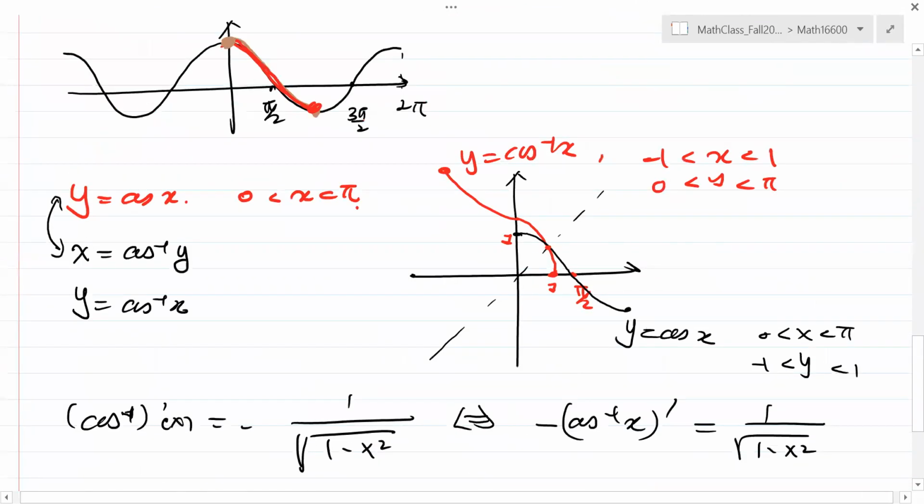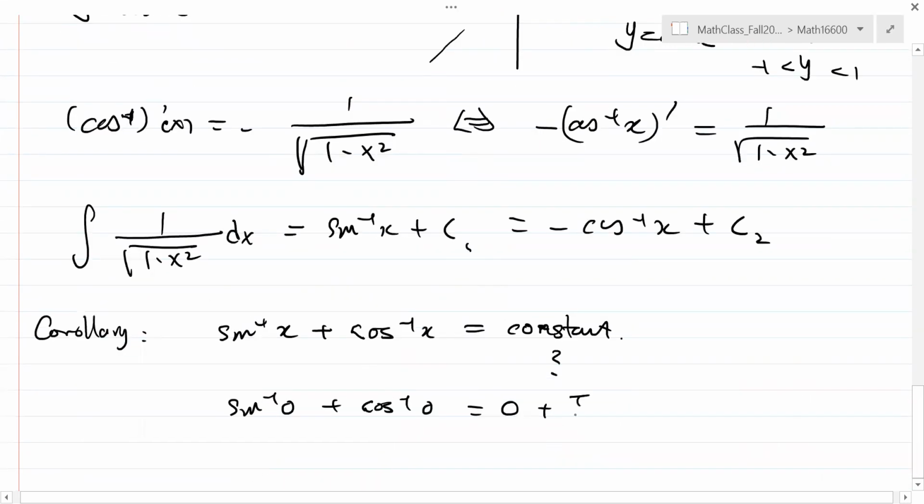Arc cosine 0 is pi over 2. So when x equals 0, arc cosine 0 is pi over 2. So that constant is just pi over 2.